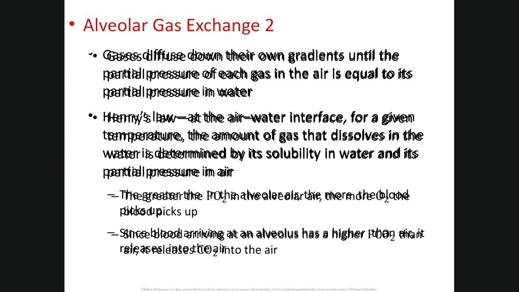Gases diffuse along the gradient from higher to lower. Also remember that temperature affects the air-water surface. That's Henry's law: the amount of gas that dissolves in water is determined by its solubility in water and its partial pressure in air.